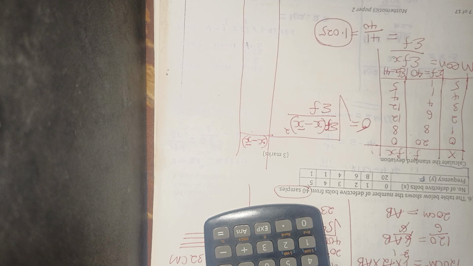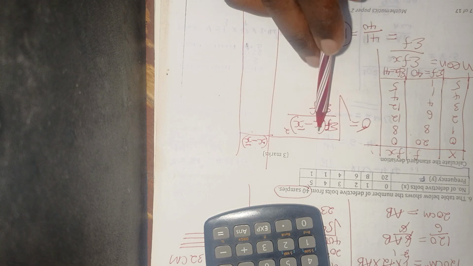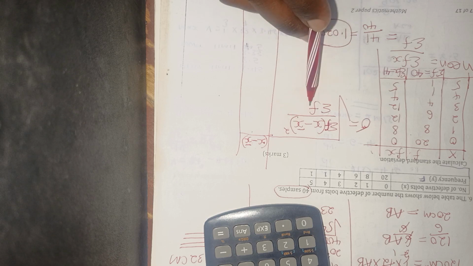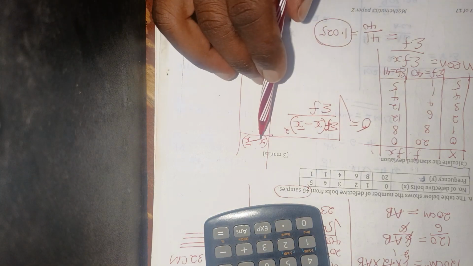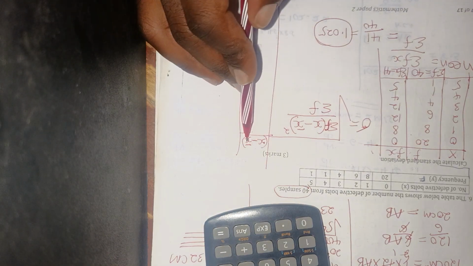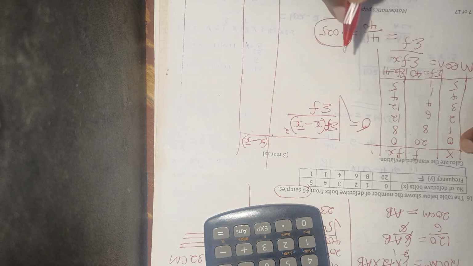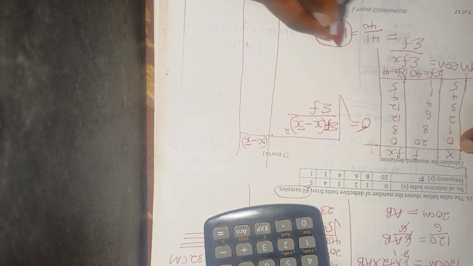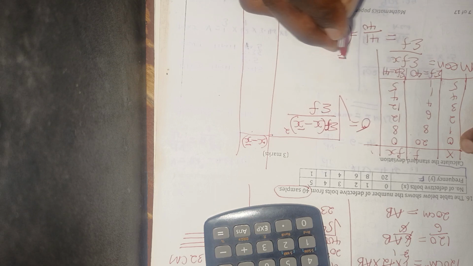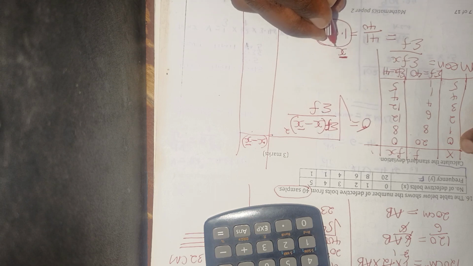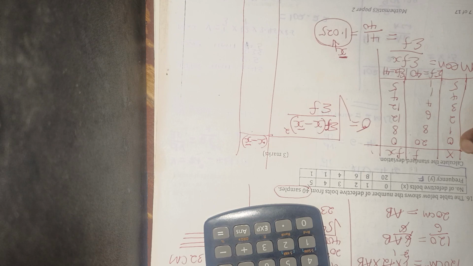Okay, so we will come here. We have Σf into x minus mean squared over Σf. So let's get first this minus this. We'll be taking the value of x, then we say less mean. And this is our x bar, our mean. So we shall be taking x, then that.